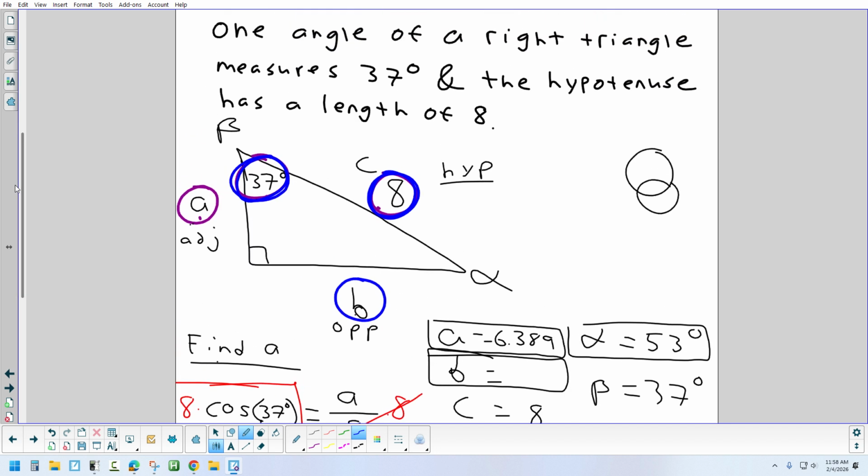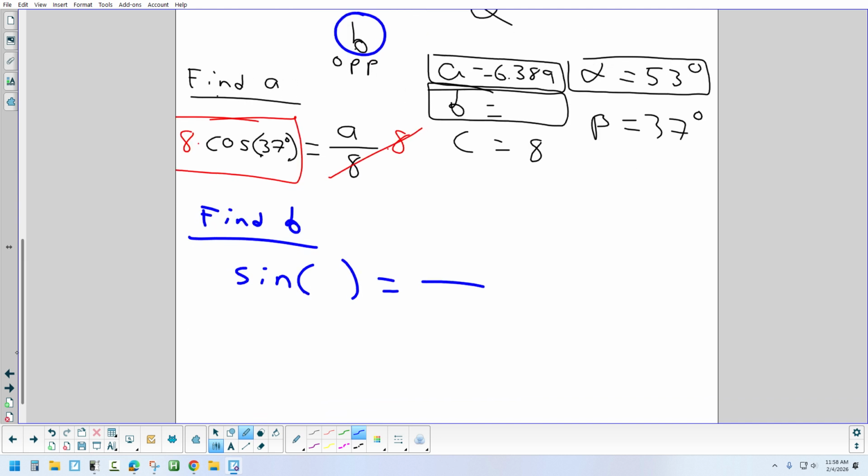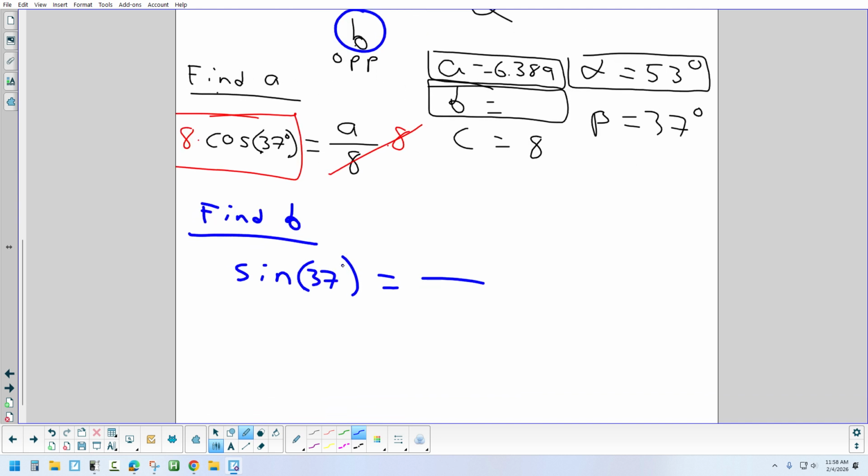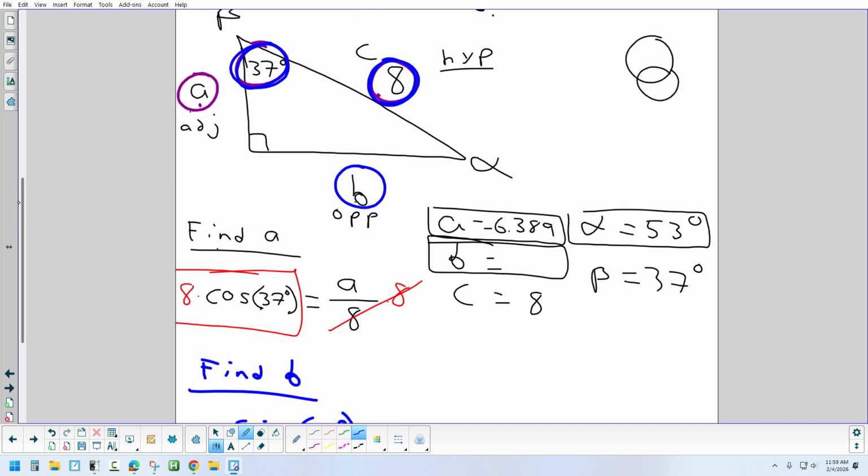90 can never be a reference angle. The 90 is not circled, so we can't use 90. We're using the reference point. It's the 37. So this always has to be a number smaller than 90 this week. Opposite. What side is opposite?